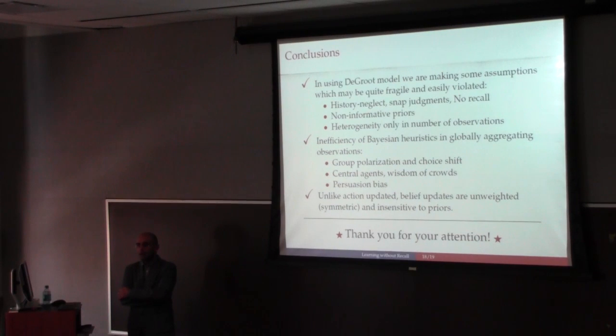We also saw several arguments for the inefficiency of this heuristic decision-making behavior. Inefficiencies such as group polarization and the vulnerability of agents to structural effects and persuasion by well-connected agents in the network.